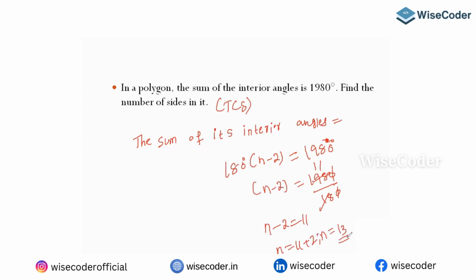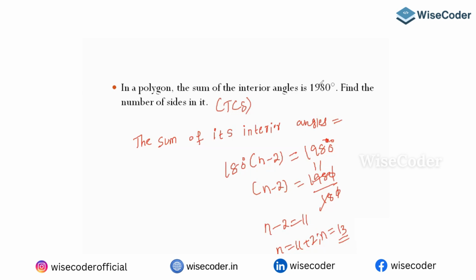So the number of sides of the polygon is 13 sides. So guys, the formula is 180 into n minus 2. That is nothing but the sum of interior angles. Okay, so this is how you need to solve the question.